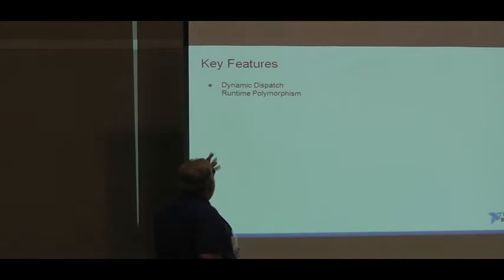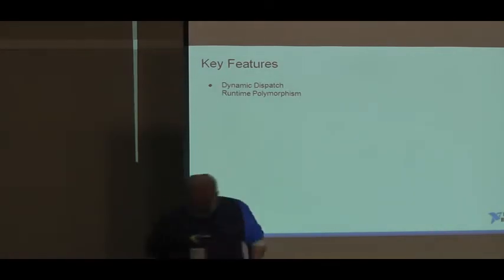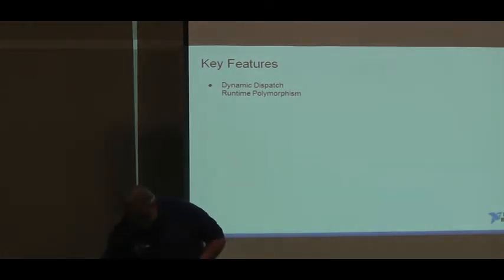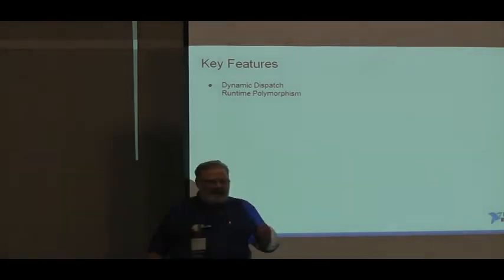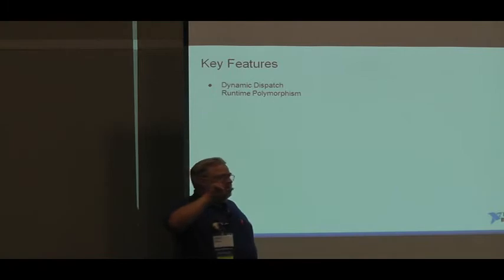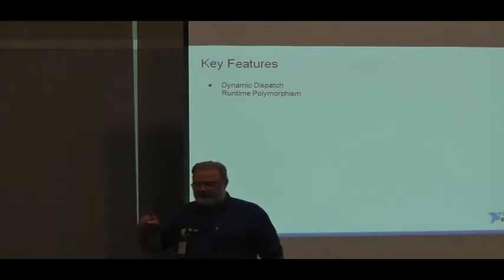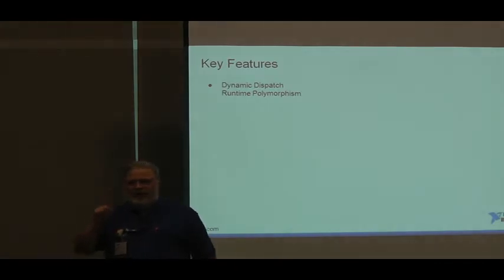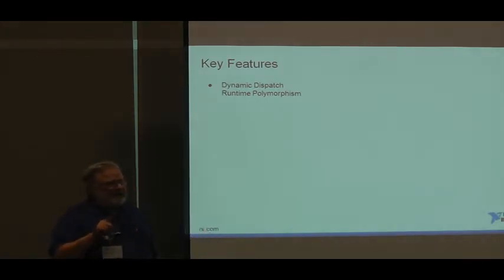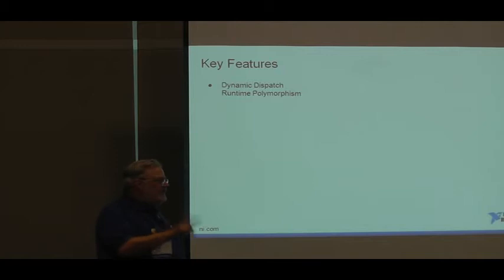And dynamic dispatch is very much the same kind of thing. The primary distinction between dynamic dispatch and polymorphism is really two things. Number one, the biggest difference is when the dynamic dispatch VI decides which instance is going to run.